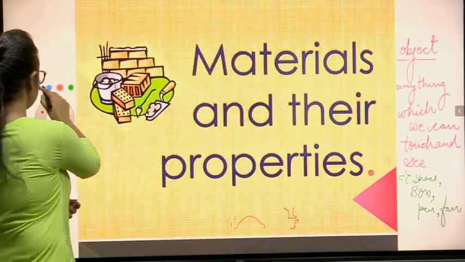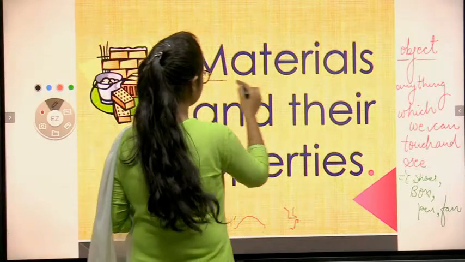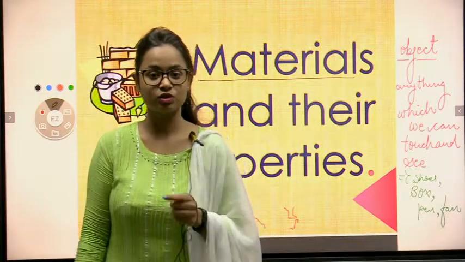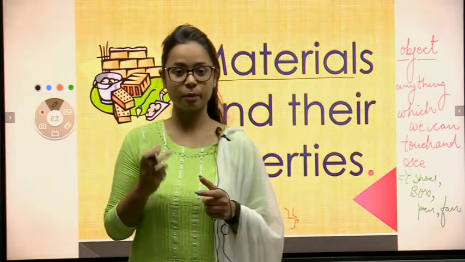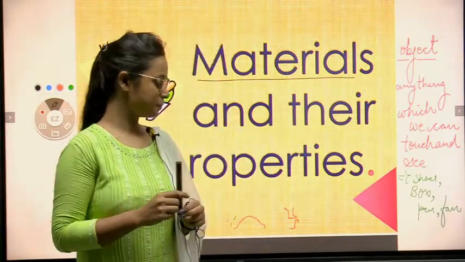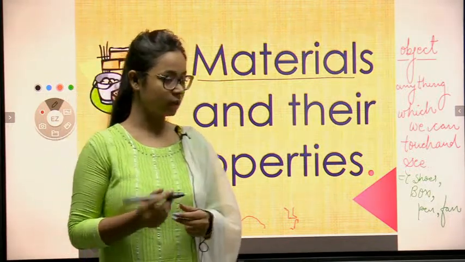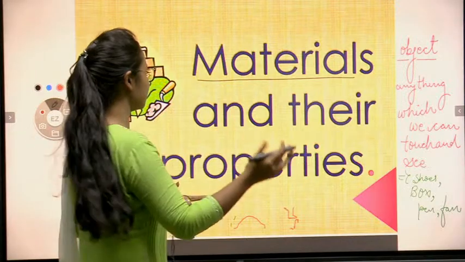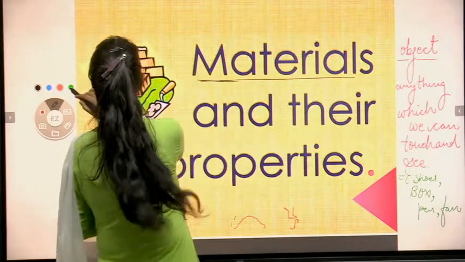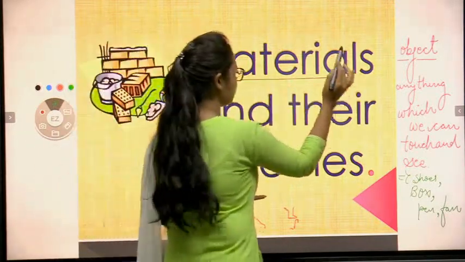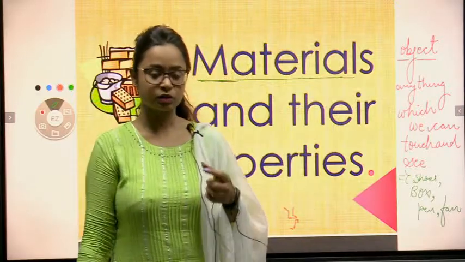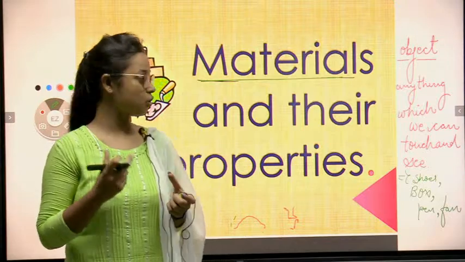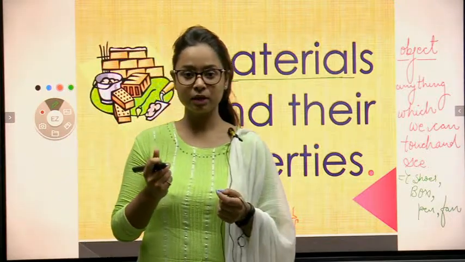Now secondly, what is a material? Material is what we use to make a particular thing. For example, if we talk about a chair, a chair is made up of plastic or wood. That wood or plastic is a material. If we talk about a chalk, that chalk is also made up of some kind of material.